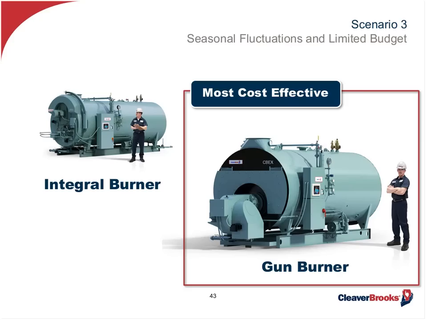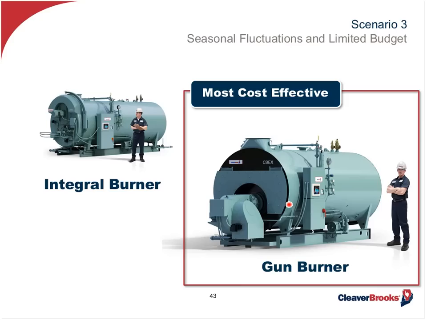We've got the integral burner here on the upper left, and we have the gun burner or the packaged boiler here. In this particular case, this boiler certainly has a very appealing look. It's got front and rear doors that swing open. It's got advantages there. However, it's more expensive. So if we've got a tight budget situation, my vote would go toward the packaged unit.